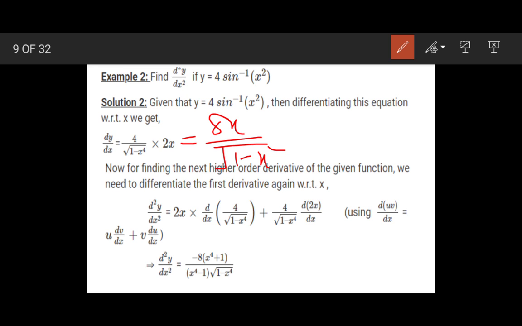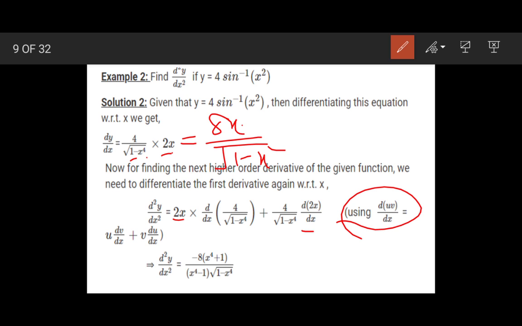Now the remaining term is x upon under root of 1 minus x raised to 4. Right? Okay, fine. We'll take this as u into v rule. So 2x into derivative of 4 upon under root of 1 minus x square plus 4 upon under root of 1 minus x square into derivative of 2x. Okay, using u into v rule.